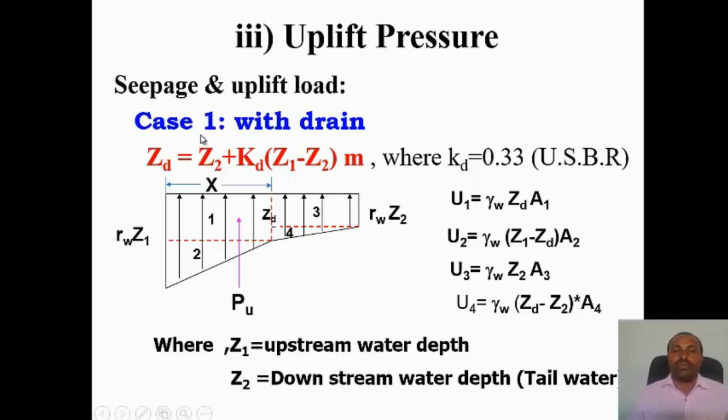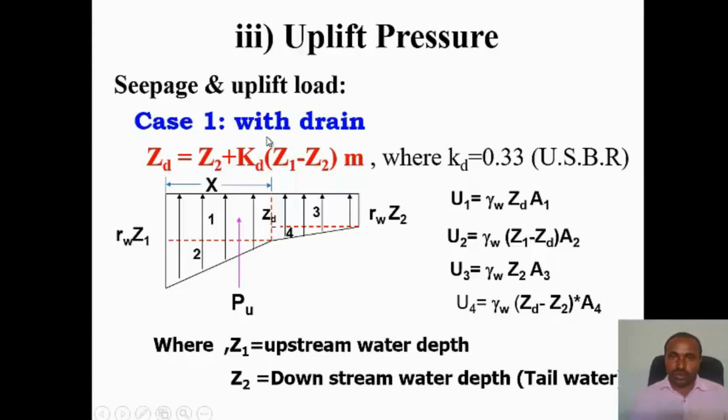So we will see 3 cases. The first one is with drain. If you have a drainage gallery, then you will have this distribution of uplift pressure. So at X distance, you may provide a drainage gallery. This drainage gallery is important in reducing uplift pressure, and also after operation, you may use this drainage gallery for inspection purposes.